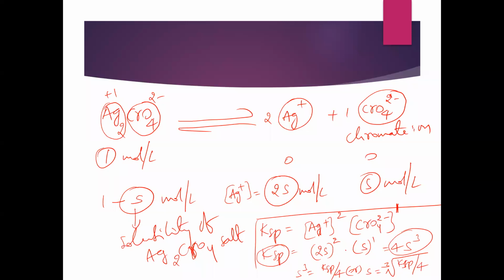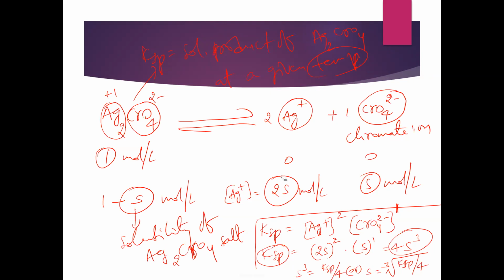The solubility product of Ag2CrO4 at a given temperature. At a particular temperature, this value will be constant.